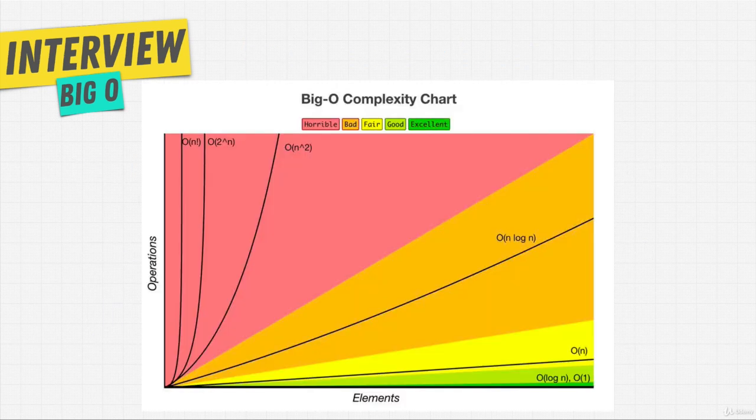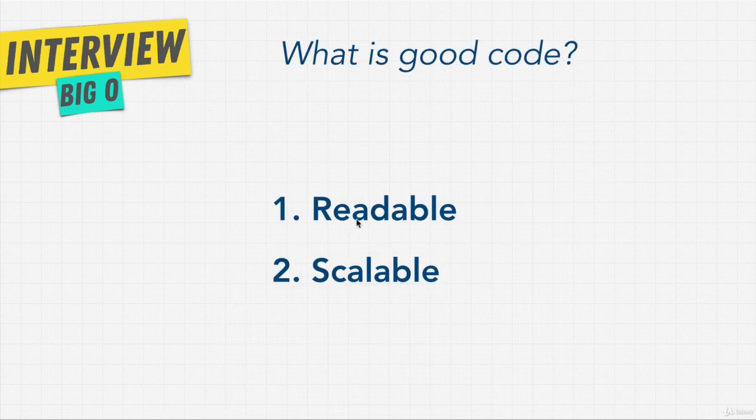It doesn't necessarily mean that O(n) is better than O(n) squared, because scalability wasn't the only factor, right? Readability is something that we were concerned with as well. Sometimes readability maybe matters more than scalability. Maybe time complexity is less important than space complexity. And that's something that you want to be careful of now with this newfound knowledge.